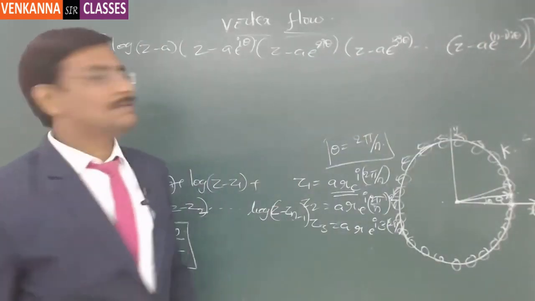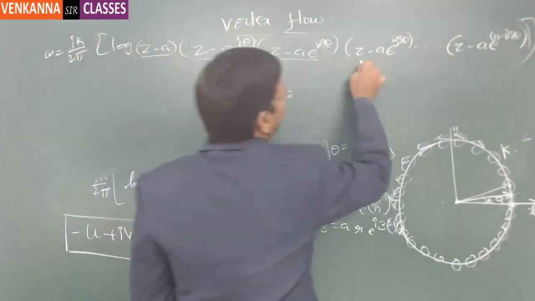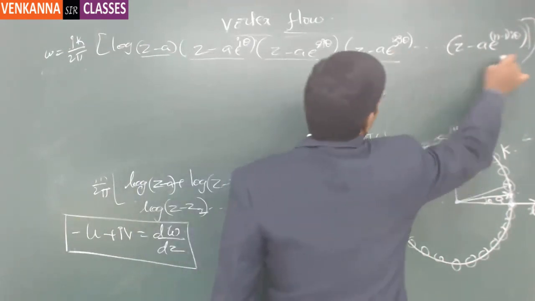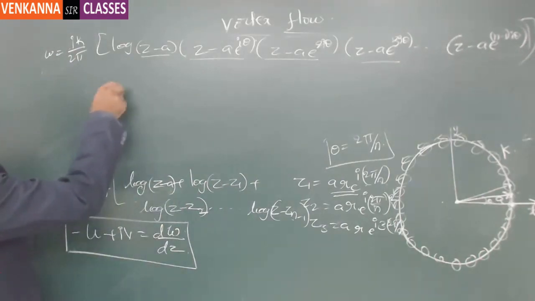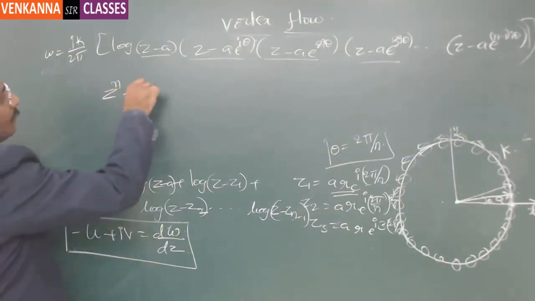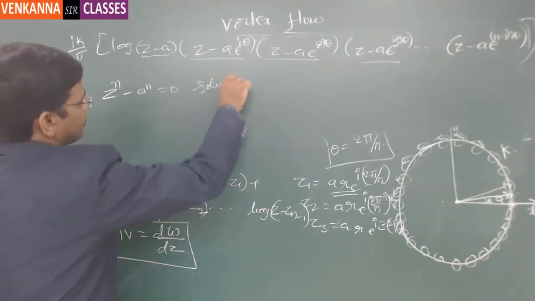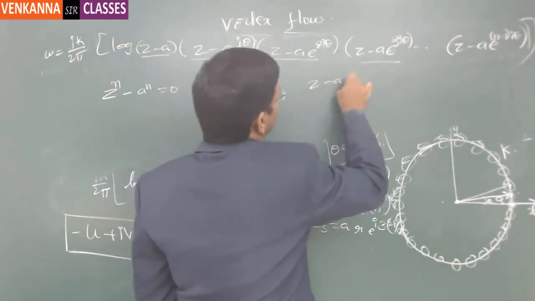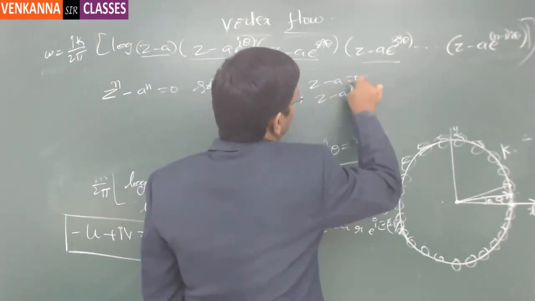If you notice all these values, Z minus A, Z minus A e power iθ, Z minus A e power 2iθ, Z minus A e power 3iθ, and so on up to n minus 1, this will be the solutions of Z power n minus A power n equal to 0, that is, Z minus A equal to 0 and Z minus A e power 2iθ equal to 0.